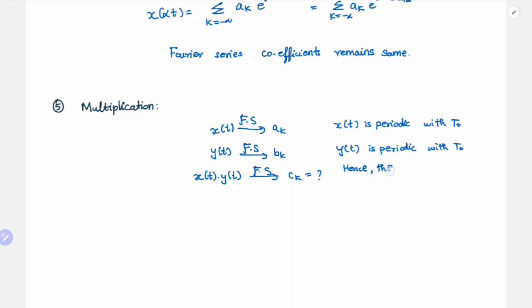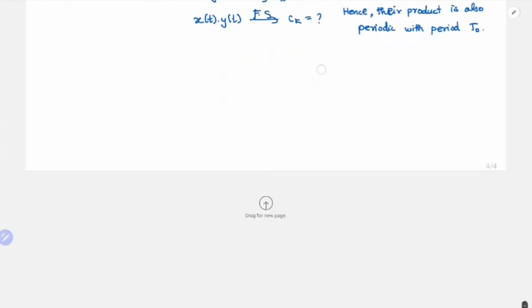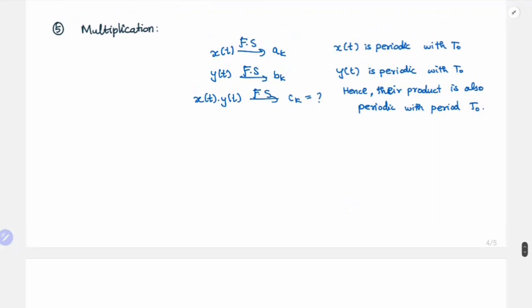Hence, their product is also going to be periodic, with the same period t naught. So the frequency will not be changing.